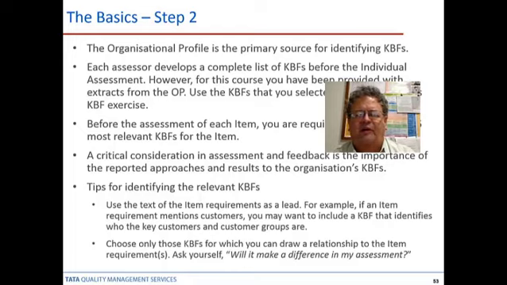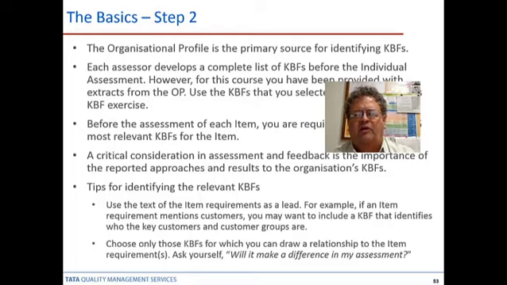We have a little bit of disagreement as to what is the right number of KBFs you want to have associated with the item. Sometimes we say 3 to 4. In the Baldrige process, they're saying 4 to 6. But in any case, it's not the entire 20 plus KBFs that you would tend to see for a particular applicant. You don't take all of them and say that they're all applicable to this item.